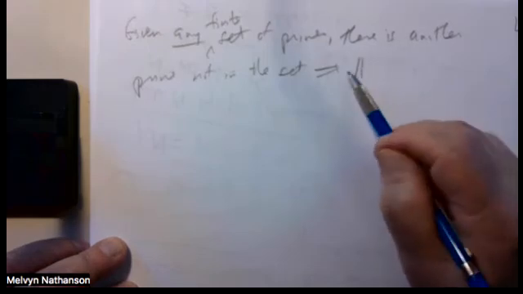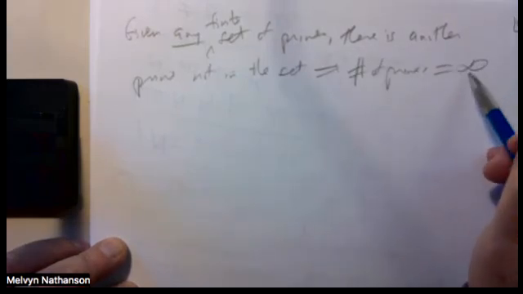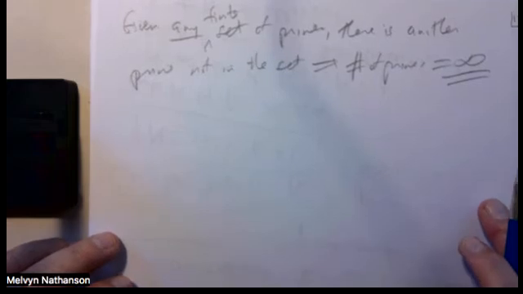Which means the number of primes has to be infinite. Because if there are only finitely many primes, multiply them together, add 1, and you get a new prime, which would be a contradiction. So this is the very elegant proof of Euclid's theorem.